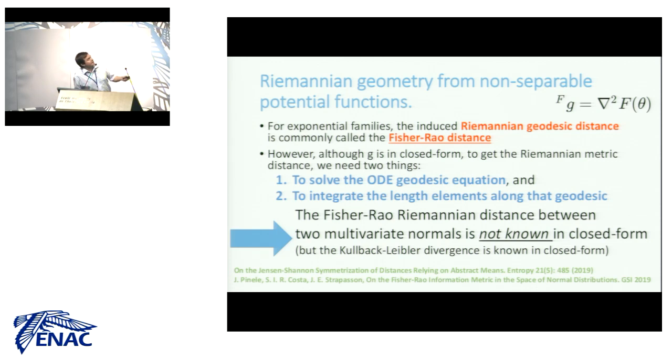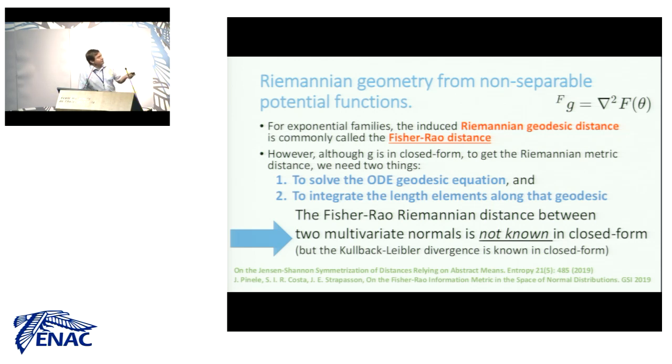This is what has been called in information geometry the Fisher-Rao distance, or the geodesic distance. But one of the problems we face in practice is that in order to compute the Riemannian distance, we need to do two things. One is to solve the geodesic equation from the Euler-Lagrange ordinary differential equation, and then we need to integrate the length elements along that geodesic to get the Fisher-Rao distance.